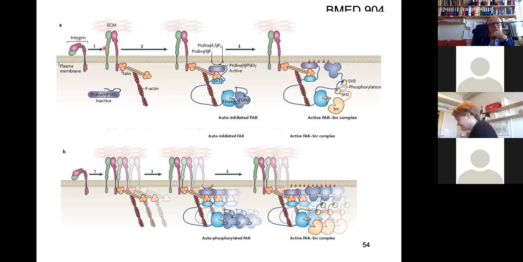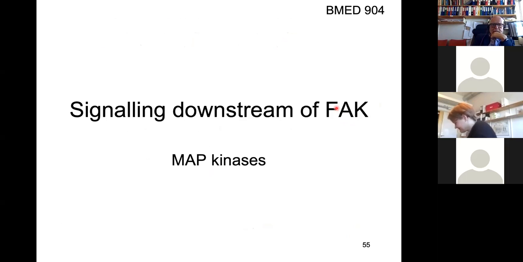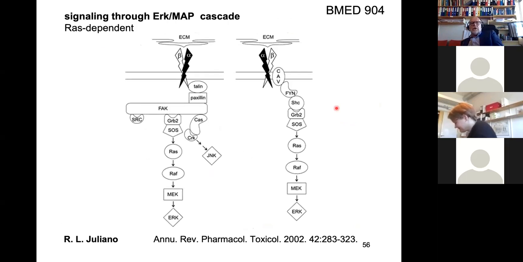And here is a more detailed schematic illustration. The integrin binds to the activated focal adhesion kinase, leads to association of SRC and further activation. So downstream of focal adhesion kinase, there are many different signaling pathways. One major downstream signaling pathway is the mitogen activated protein kinases, MAP kinases.